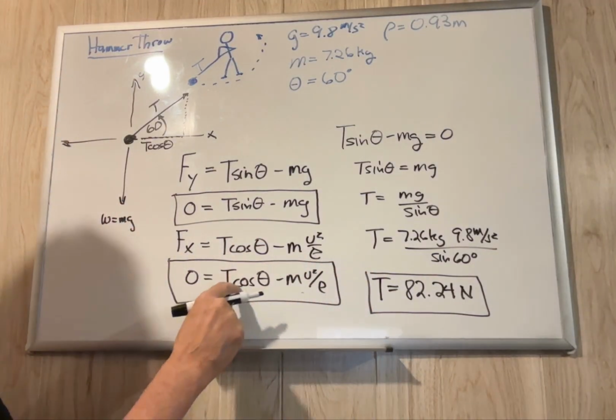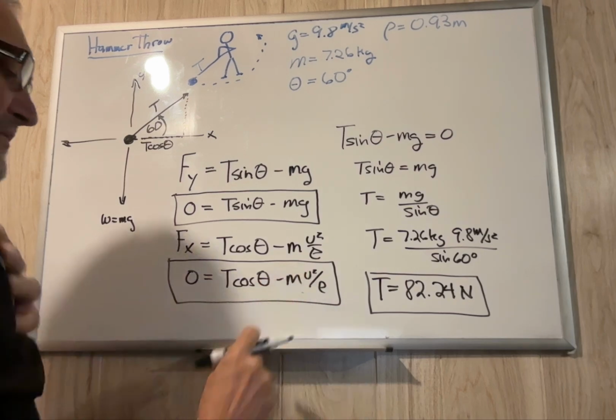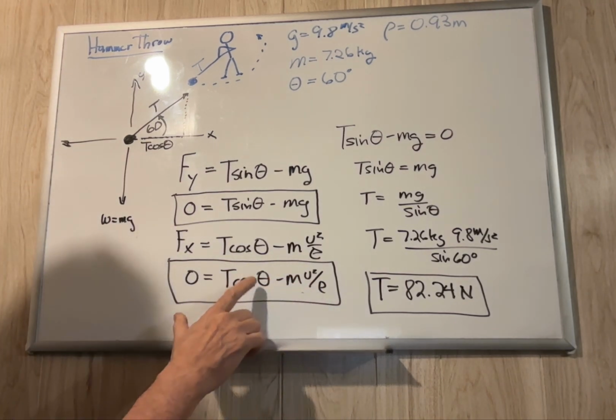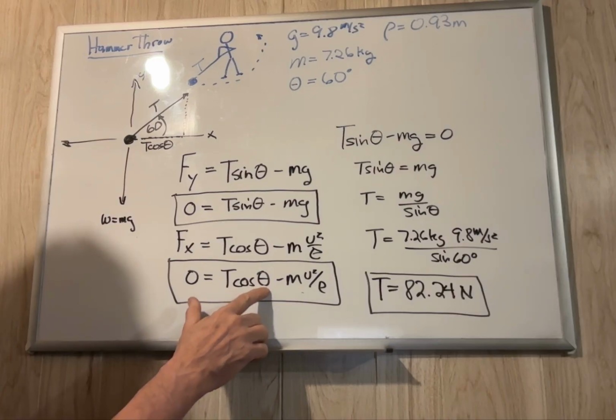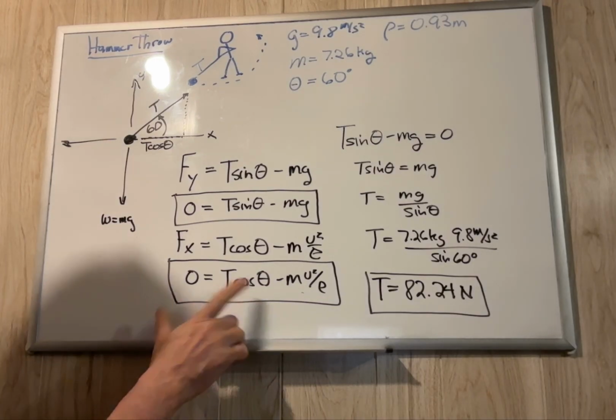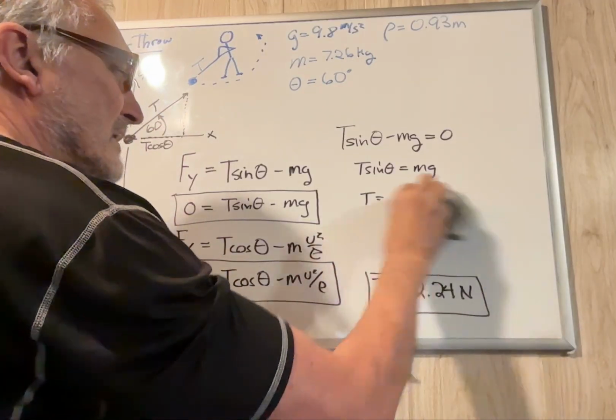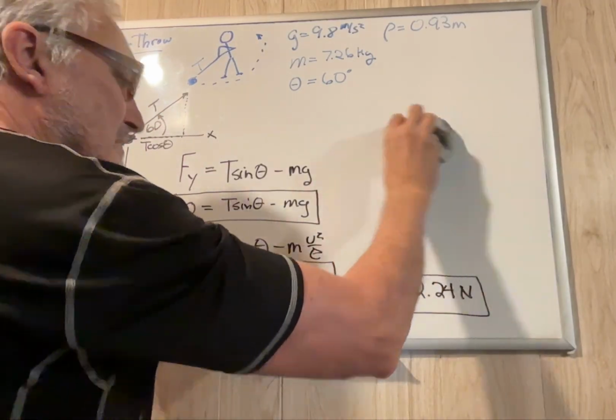All right, so now we found tension. We can put our tension back into here and we can solve for our velocity, which is what we're ultimately after. We know rho, we know mass, we know the cosine of 60 degrees, and now we know the tension. So let's plug that in and see what we get. So we'll find out what the velocity would be. Nice and easy.